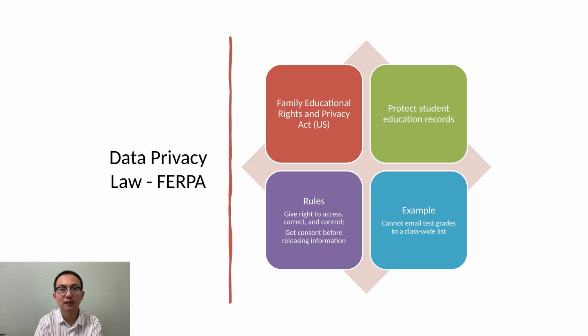It gives students and parents the right to access their education records, request corrections, and decide who gets to see that information. Schools must have written permission before sharing personal information. A good example is a professor cannot post grades publicly or email them to the whole class. Instead, grades must be shared securely and privately.